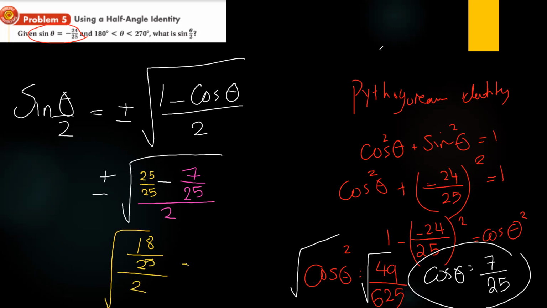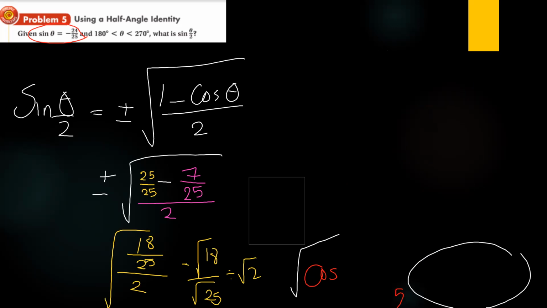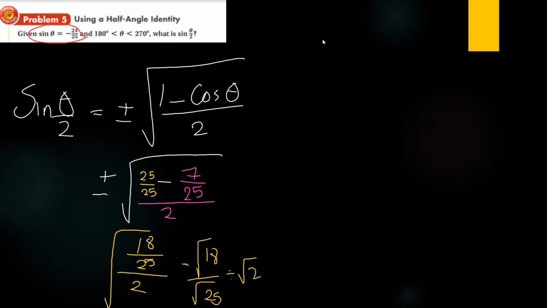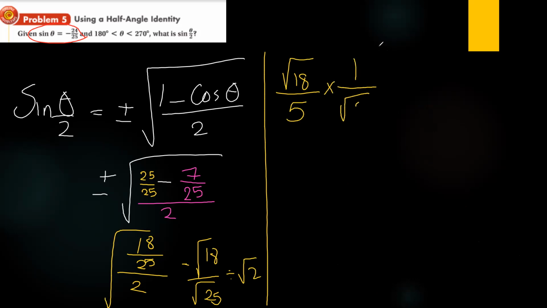So it is the square root of 18 over the square root of 25 divided by the square root of 2. Then square root of 18 over square root of 25, which is 5, times 1 over square root of 2.